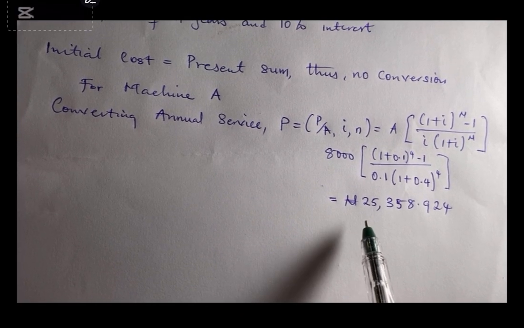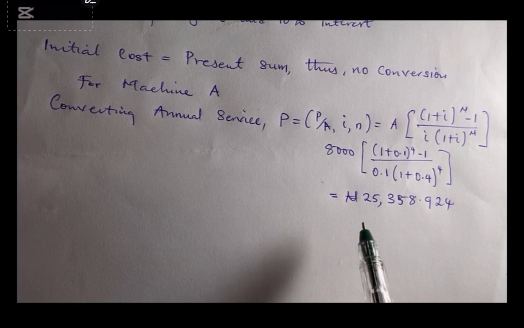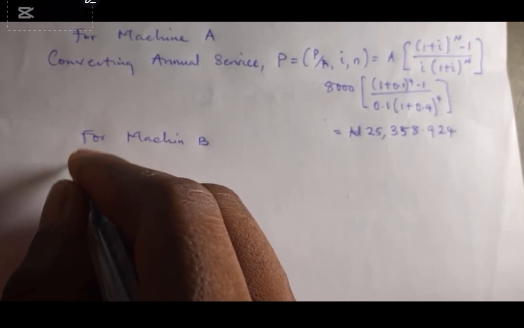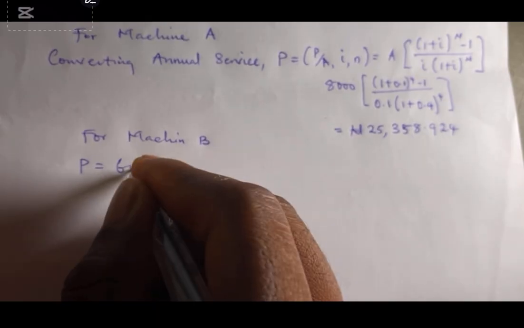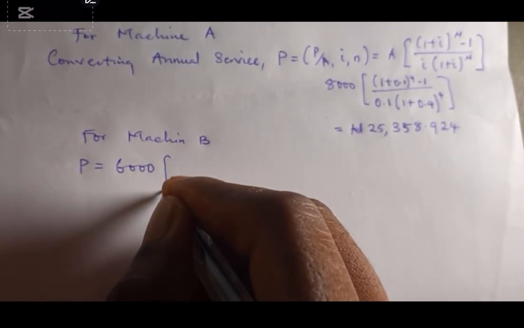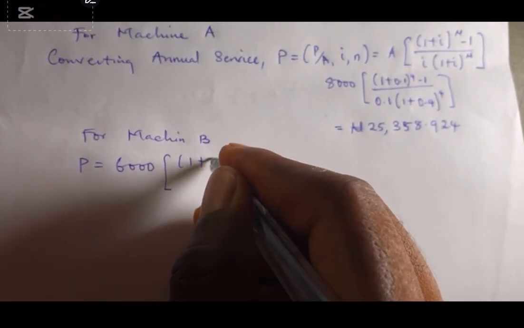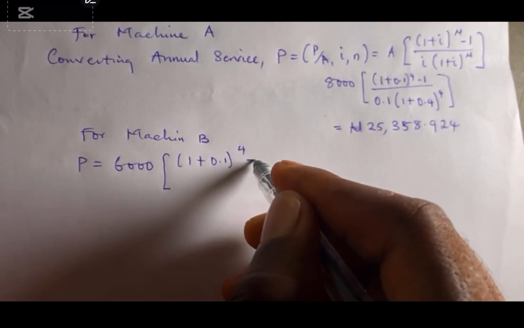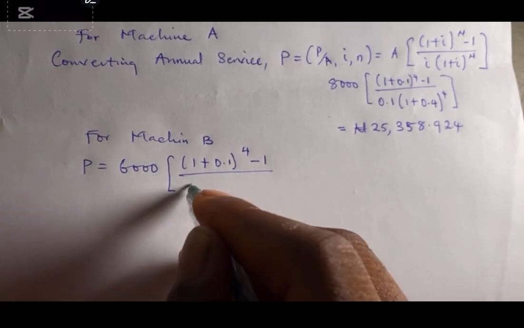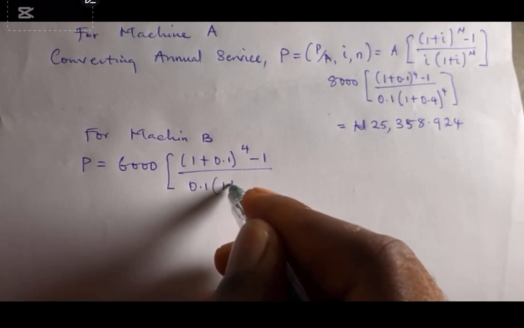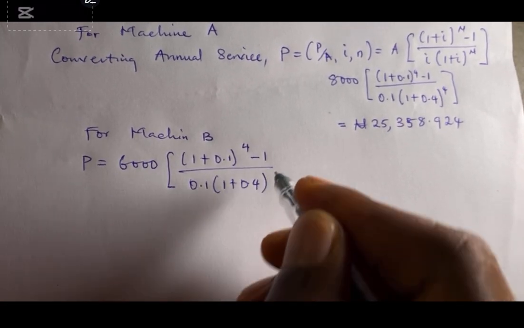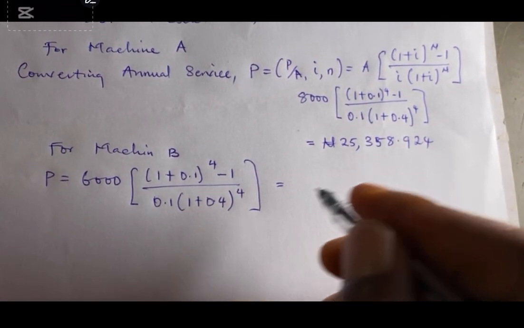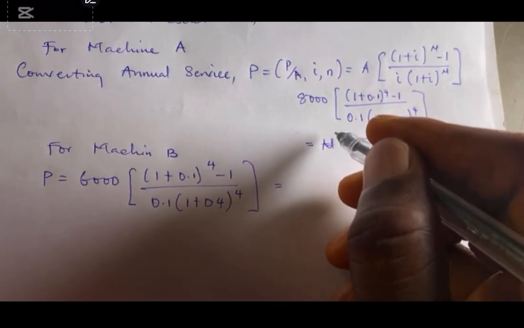So you are going to do this for machine B and machine C. For machine B, your present worth will now be 6,000, and this will give you, you are using dollars.